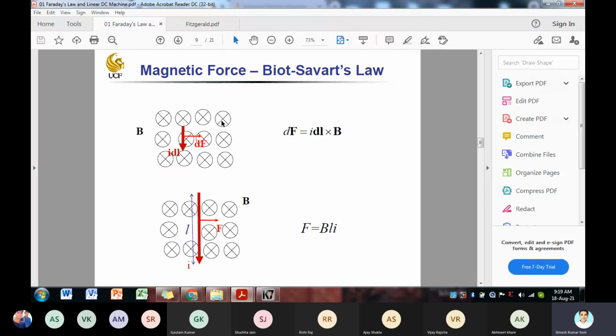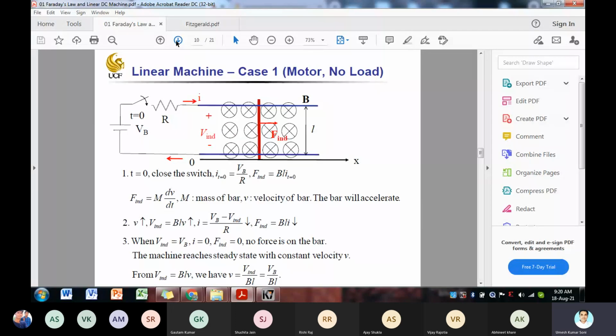So here you can see that the conductor will feel a force given by BLI. Here is one case I have shown you for the motor. Here the supply voltage Vs is given, and at time t equal to 0 the circuit is turned on.